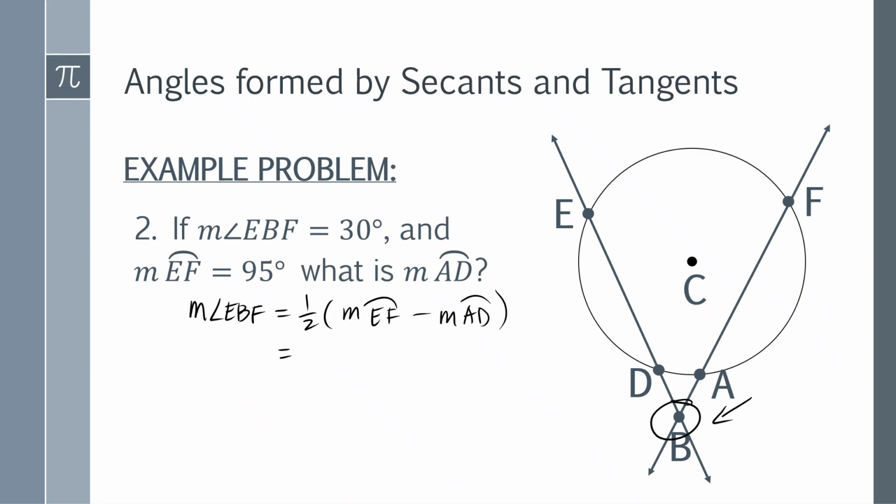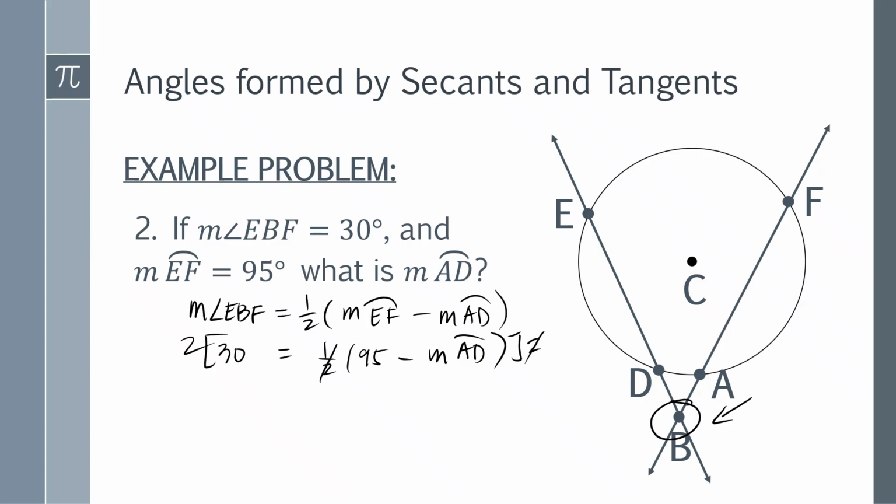Therefore, measure of angle EBF is 30, and then there is 1 half. We know that measure of arc EF is 95, and you don't know the measure of arc AD. And since we have 1 half here, you have to multiply both sides by 2 so that you can get rid of 1 half.